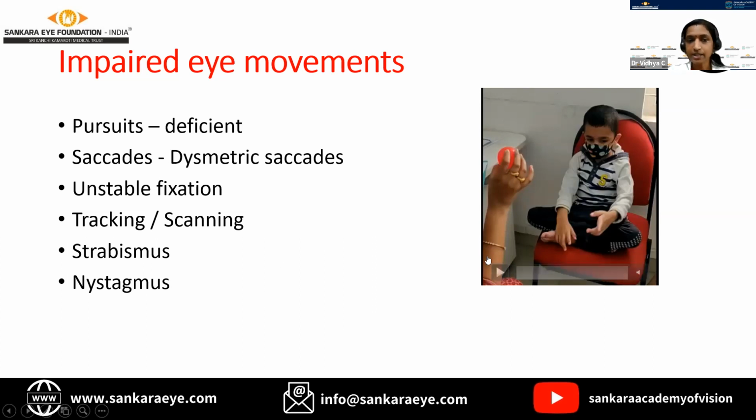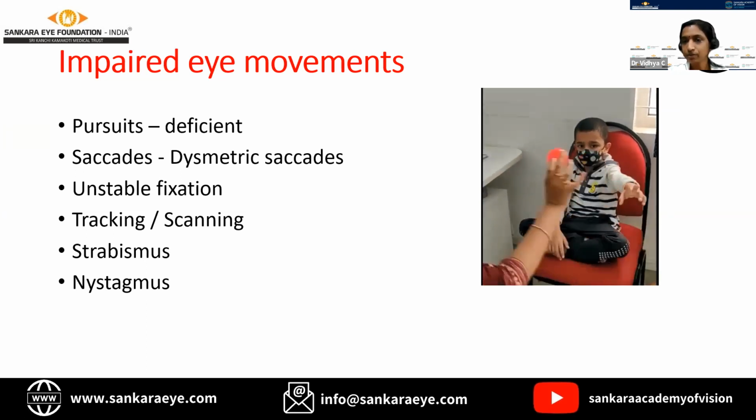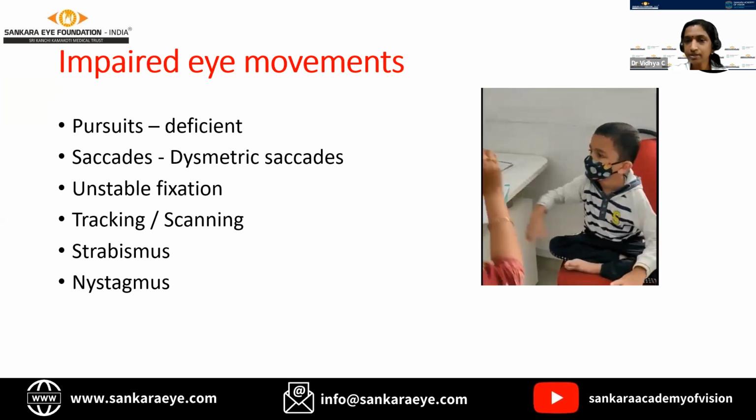Then strabismus and nystagmus need to be evaluated in these children. You can see here the examiner trying to check the pursuit. You can see the child following the targets.